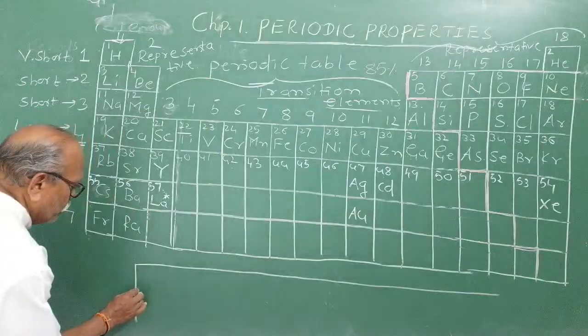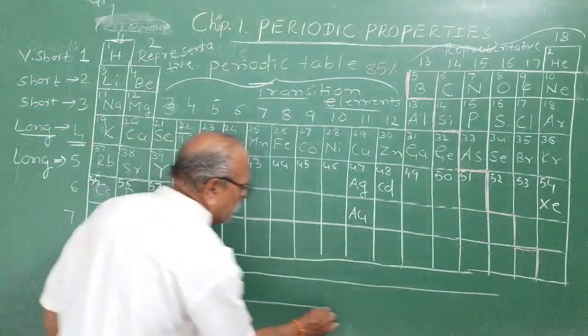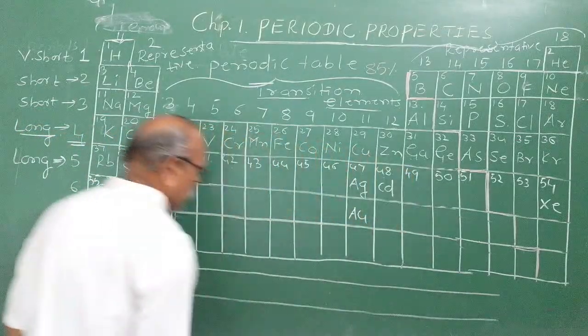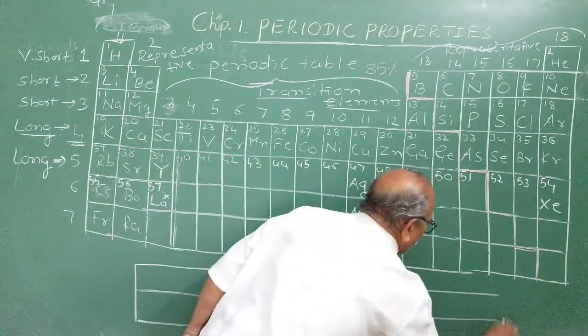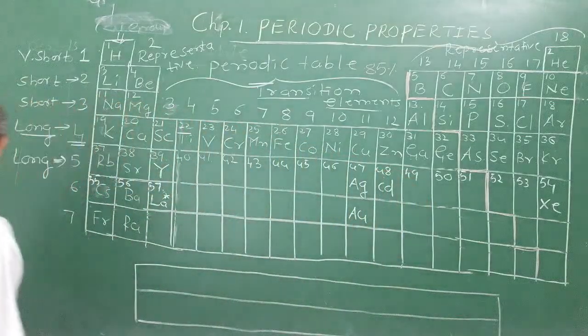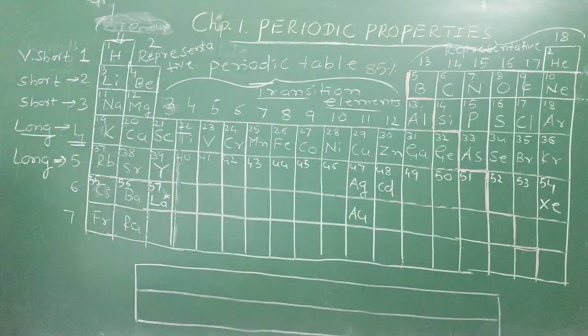There are 14 elements in it. They are cut from the main table. In the long form of the periodic table, there are two series. Very important. You can make 14 boxes here. First, have a look at it.